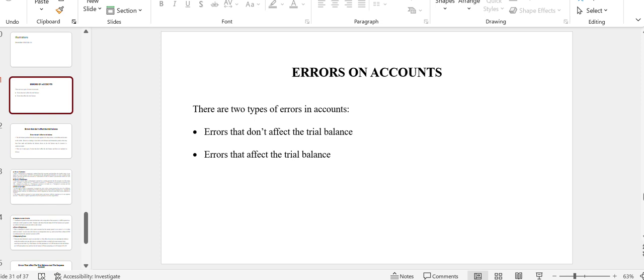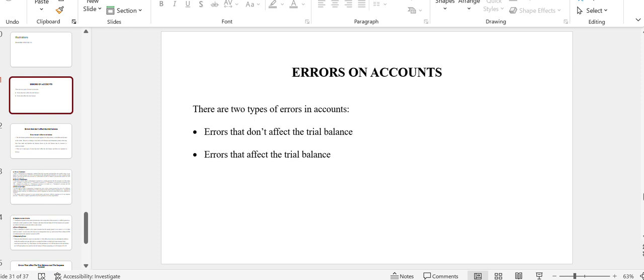For example, if I say cash sales, we are going to credit sales because sales are revenue, and you are going to debit cash because cash is an asset. So we call this the principle of double entry. Every transaction in accounting is twofold. And this is what we call the T accounts, the ledgers. They have the debit side and the credit side to record an accounting transaction.